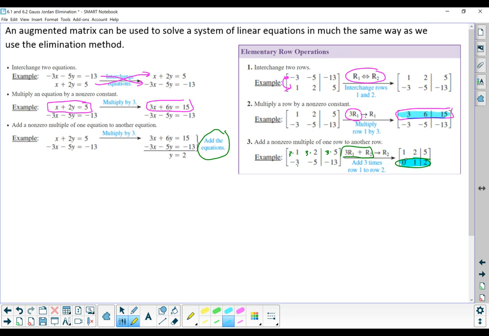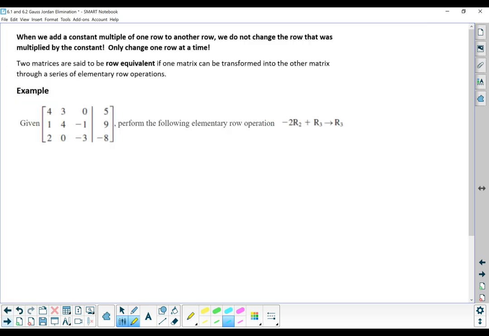And on this one, we only changed the second row. The first row stayed the same. So we only want to change one row at a time. So when you're going to add a constant multiple of one row to another row, make sure you are only changing one row. So we're going to practice that just doing an elementary row operation.